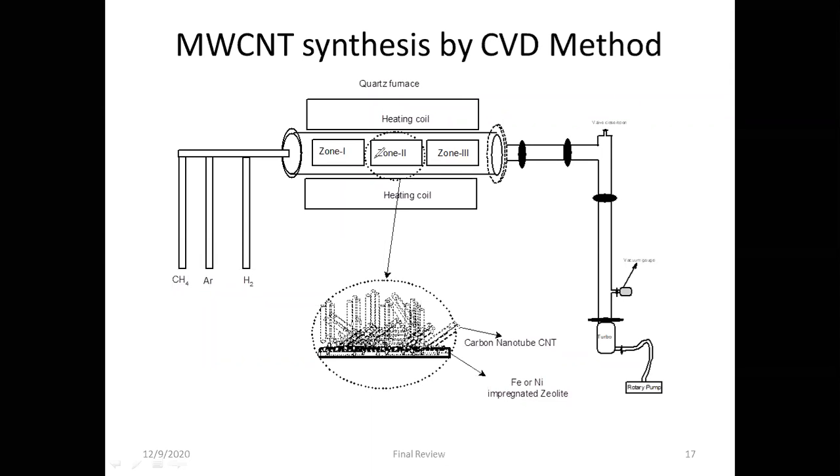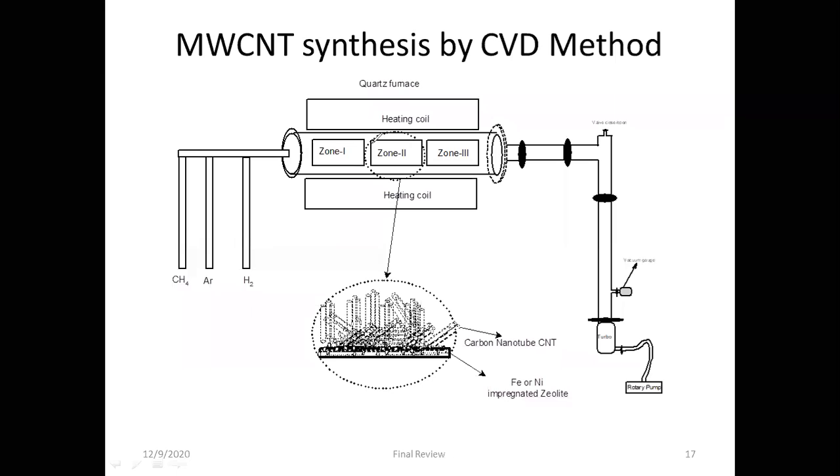We have to take one carbon source to grow carbon nanotubes, such as methane, ethane or propane. If you send this gas from the left side, the methane will decompose, and the entire quartz reactor will be saturated by carbon atoms and hydrogen atoms.